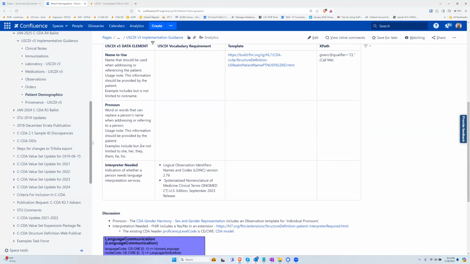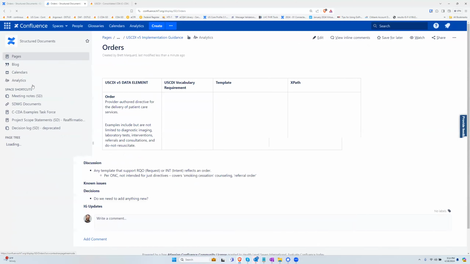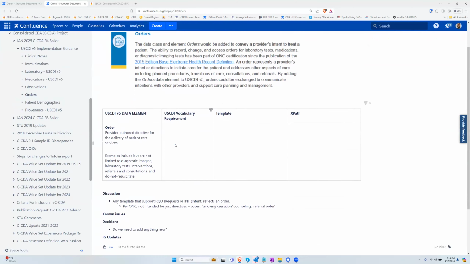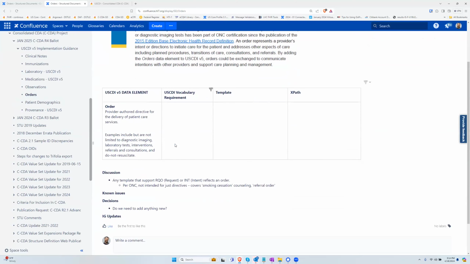How it's designed is really entirely up to the process. But our intent would be to capture most of the things that are normally ordered.